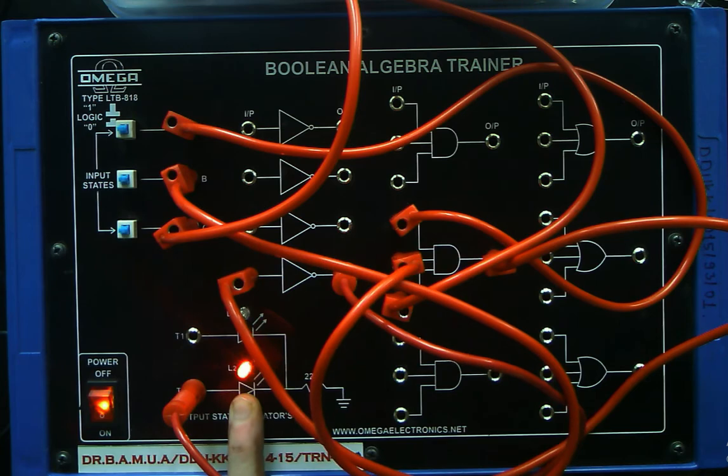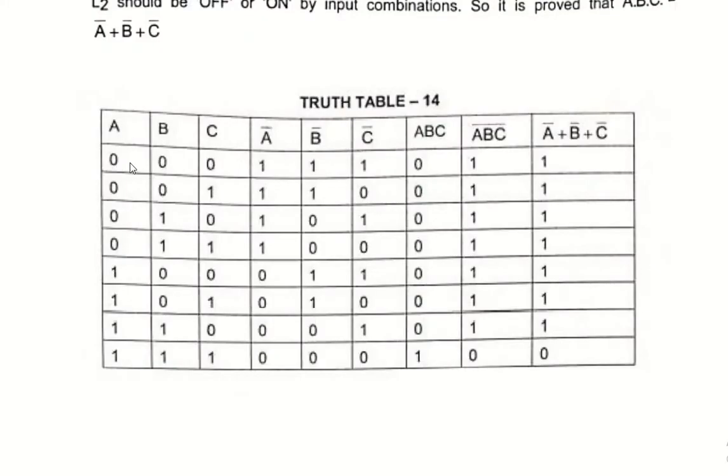So here I will get back to the truth table. You can see for all of them to be in the low condition, the output is high. When any one of them, you can see, C is high, in this case B is high, in this case A is high, for all of them the output is high. Okay, so here you can see the very simple condition is the output will be low only when all of the inputs are high.